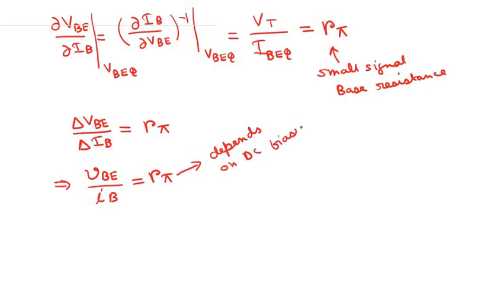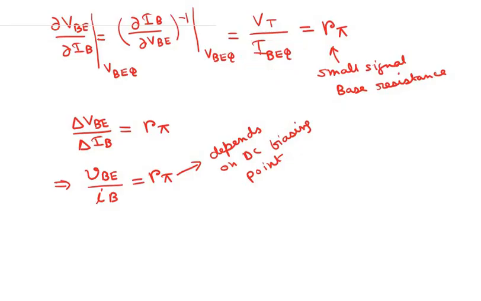If you remember, I told you before that to find the parameters of the small signal or AC model, we need to find the DC values of the base current or the DC values of the emitter current. That is exactly the reason: this is an AC or small signal parameter, and to find it, we use the DC value of the base current at the operating point, or the quiescent point.